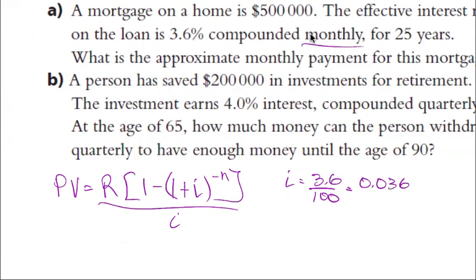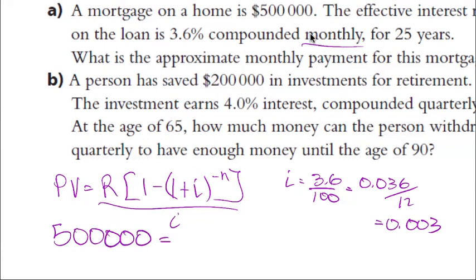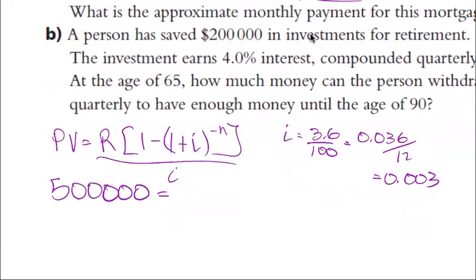And it's monthly, so I have to divide that by 12, which is 0.003. My present value, I mean the loan is $500,000, the mortgage actually. R, don't know. 1 minus 1 plus 0.003 to the minus n.